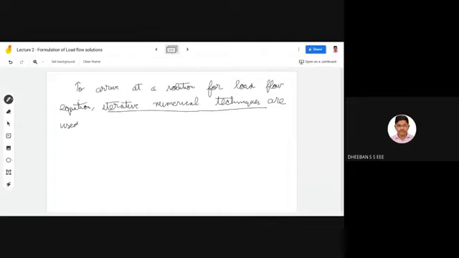The iterative methods are: the first one is the Gauss iterative method.